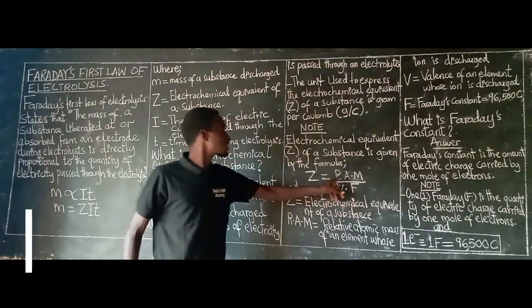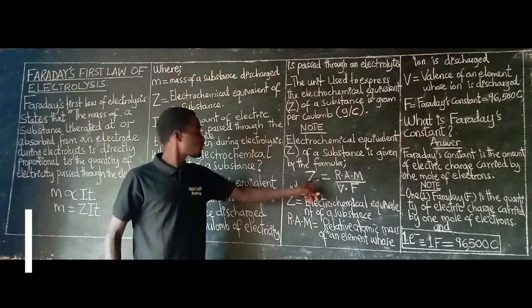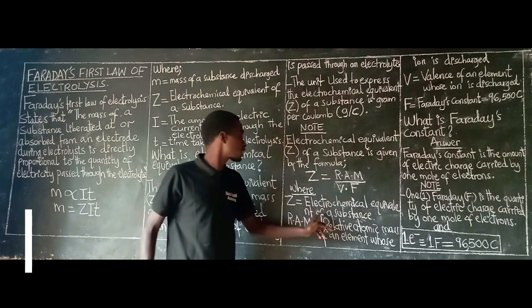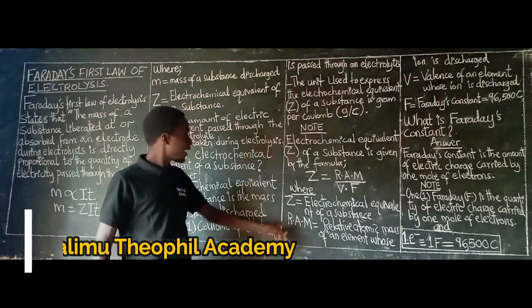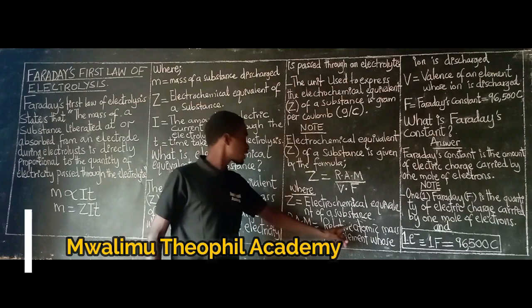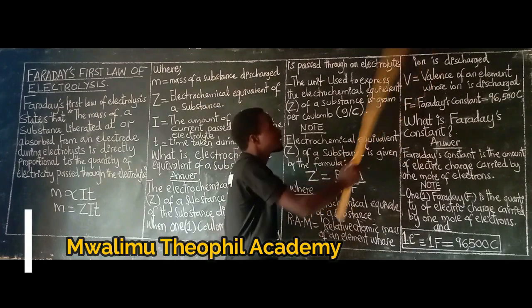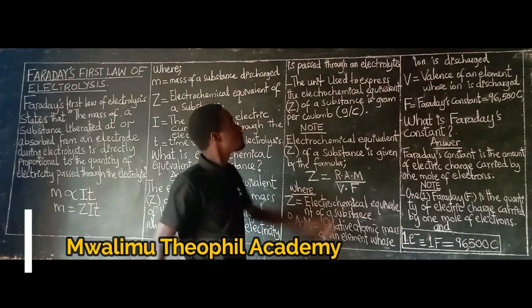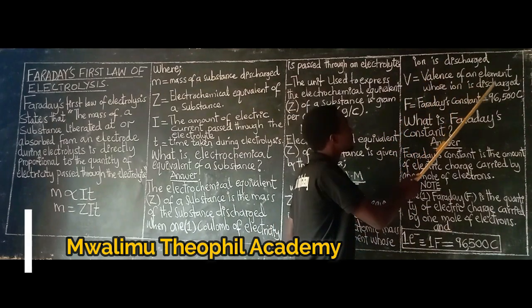What do these stand for? Let us see. Z in this formula stands for electrochemical equivalent of a substance as usual, as we have seen in the previous explanation. RAM stands for relative atomic mass of a substance whose ion is discharged. V stands for the valence of an element whose ion is discharged.